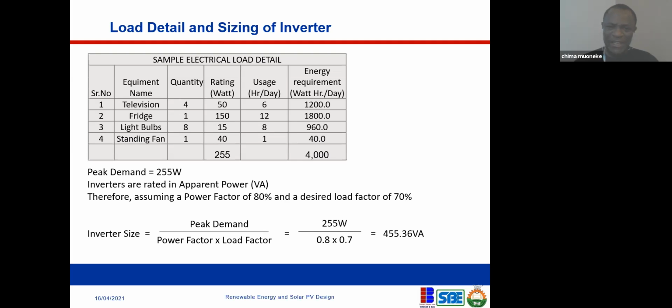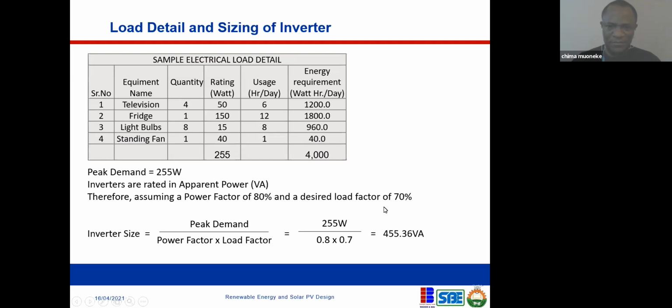If you choose to design at 100%, removing this 0.7 and designing for this 255 watts, and the load eventually exceeds 255, then there could be a problem. So that's why we need to determine our load factor, and it must be less than 100%, so that we have that safety margin.